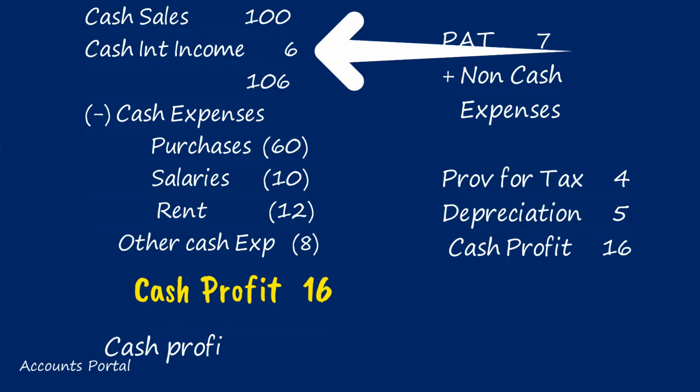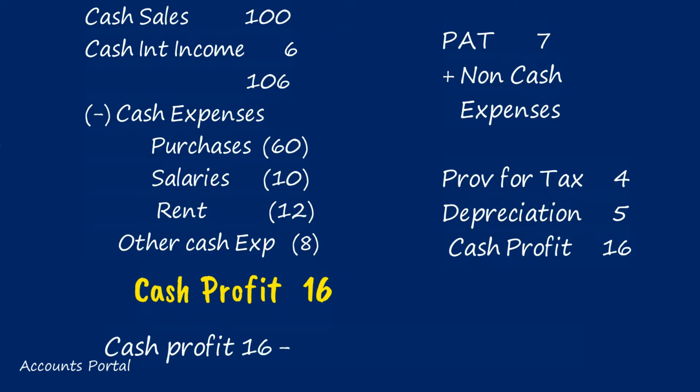The cash profit, which we have calculated 16 lakhs, from 16 lakhs minus interest income. Sir, why are you minusing? Because interest income, though it is a cash item, is not related to operating activity. So thereby that income should not be considered here. Cash profit from operating activity is 10 lakhs.